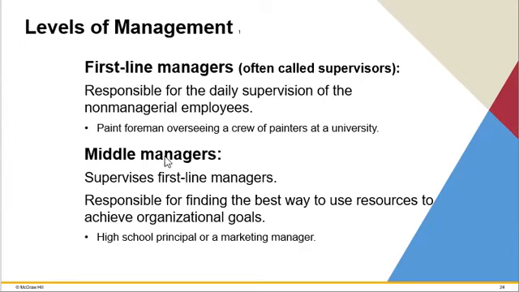So middle manager ni siapa? Dia orang yang akan monitor ataupun supervise the first line manager. Bos kepada supervisor lah. Okay, manager kepada supervisor. So apa responsibility mereka? They are responsible for finding the best way to use resources to achieve organisation goals.